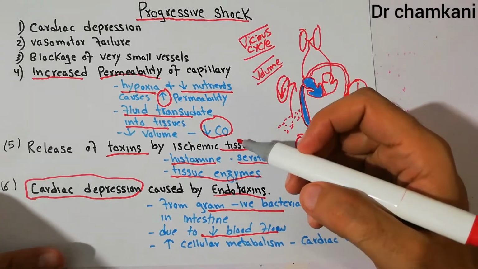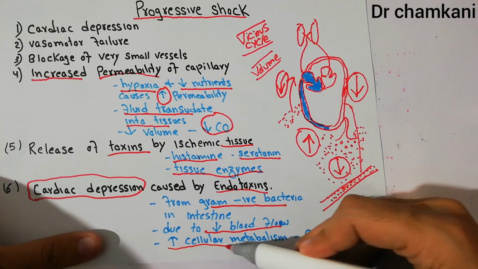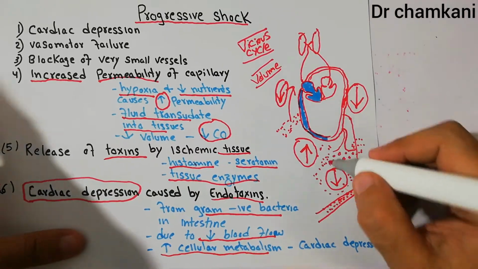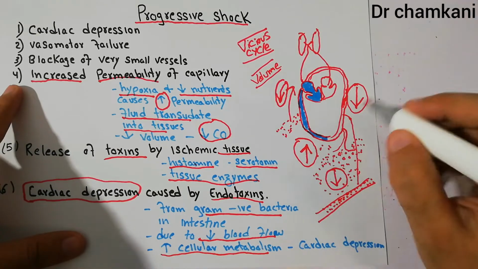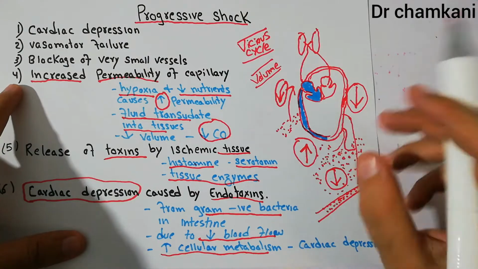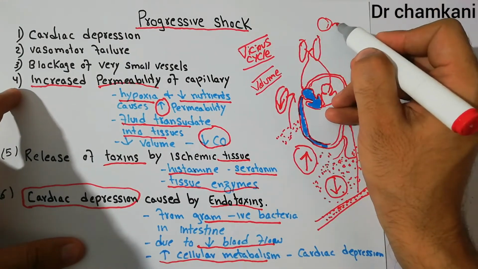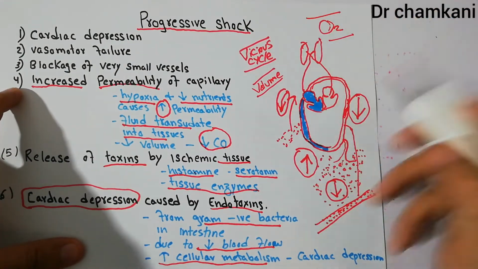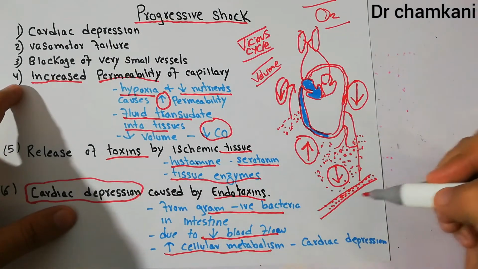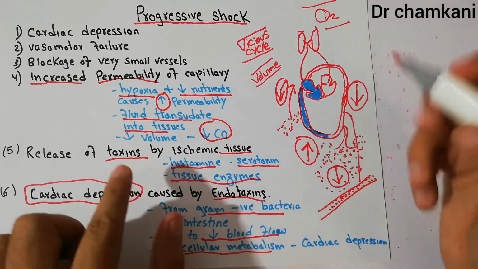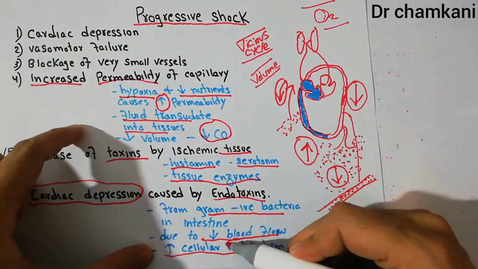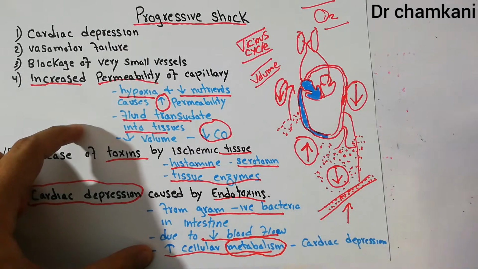What these endotoxins will do is increase the cellular metabolism. These cells are already not receiving the proper amount of oxygen and nutrients. On top of that, there is release of endotoxin due to the decrease in blood flow to the intestine, which will further increase the metabolism of these tissues.